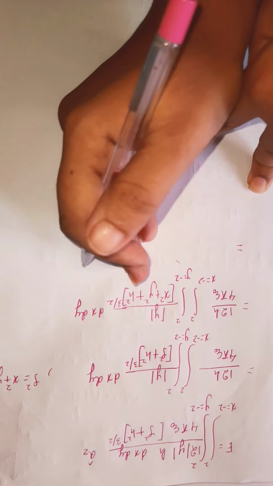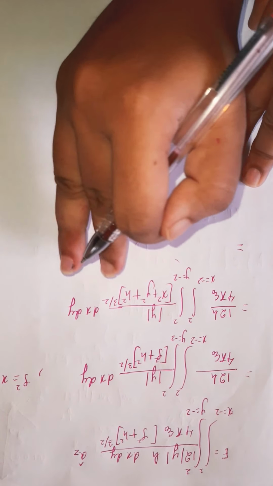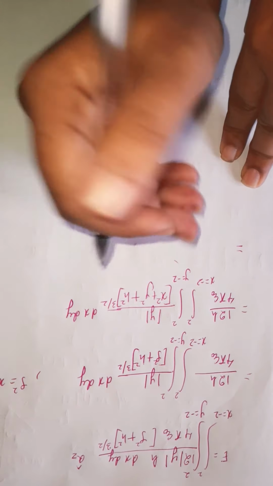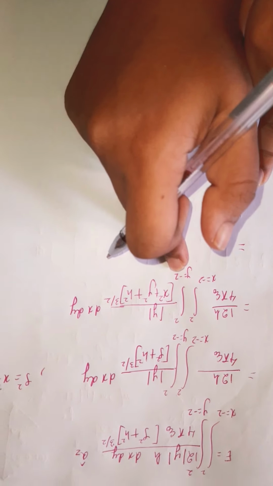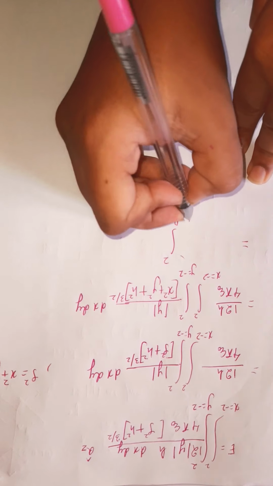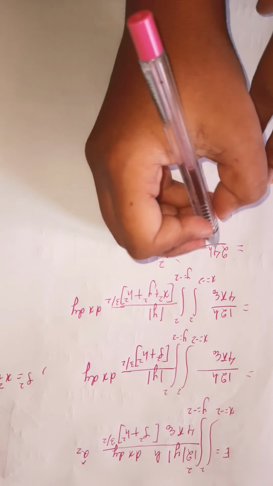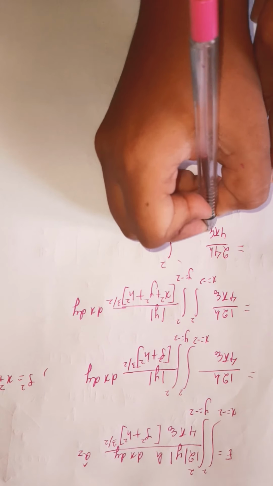So basically it's an even function of y. Like earlier, I'll integrate it from 0 to 2 and multiply by 2 over here. So this will become 2 into 12, 24, like this.